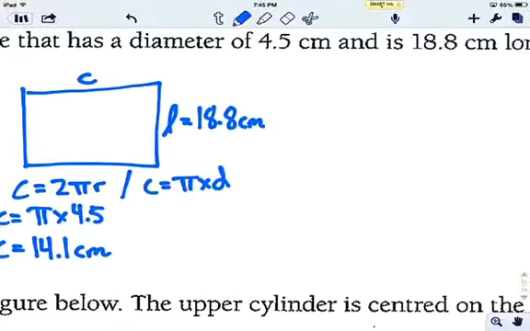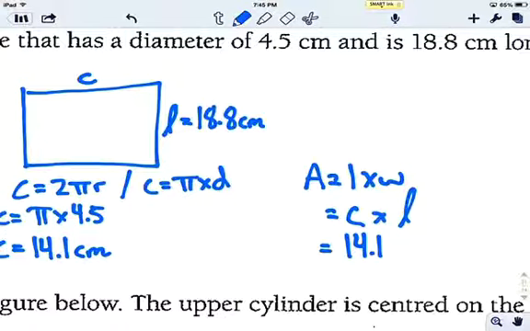And now all that's left is to find the area of that rectangle. Well, area of rectangles is length times width, but in this case, the length is C, and the width is going to be the length of our cylinder. Previously was the height, but we'll just call it that weird L value. So we have 14.1 is the C value, 18.8 here. So we multiply those together.